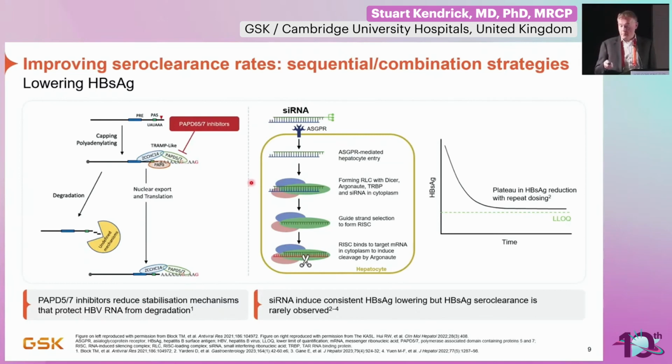So that might explain why they tend to show a plateauing effect, getting surface antigen down very low, but not clearing very often. But perhaps if we can get the RNA down to a low level with a small interfering RNA, we then push more patients into a zone where Bepi can push them right the way down to that low seroclearance zone.